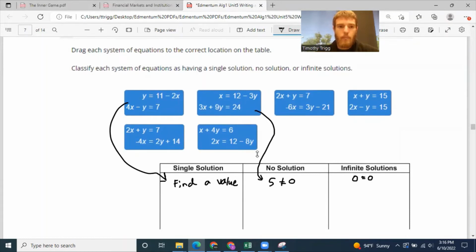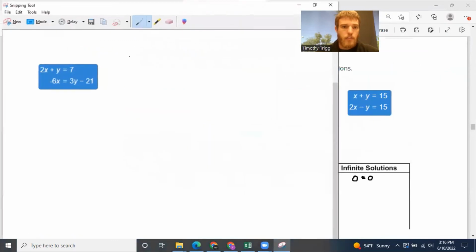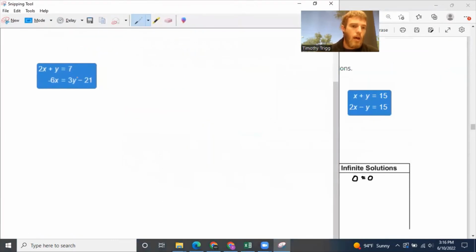Okay, next one. All right, for this one, I'm gonna use the elimination method. I'm gonna subtract 3y on both sides of the equation. So my top equation doesn't change. It's 2x plus y equals 7.